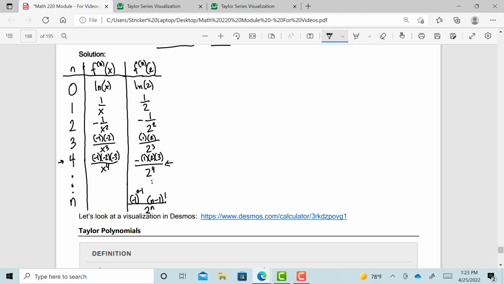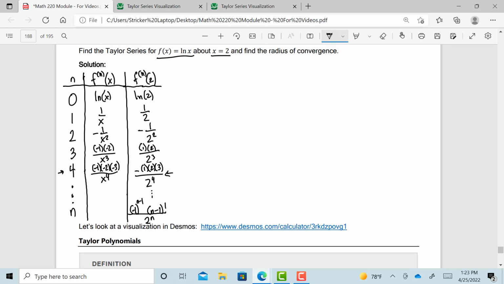I'm going to go ahead and rewrite this now. Okay, so here's the thing. These terms, n equals 1 to n, seem to all match this formula except for ln 2. So it is all right. Sometimes we just peel off the first term or the first 2 terms because it just doesn't fit with our power series. So for example, we could say that if our function is the natural log of x, this is equal to the natural log of 2, but then we can add a series that goes from 1 to infinity.